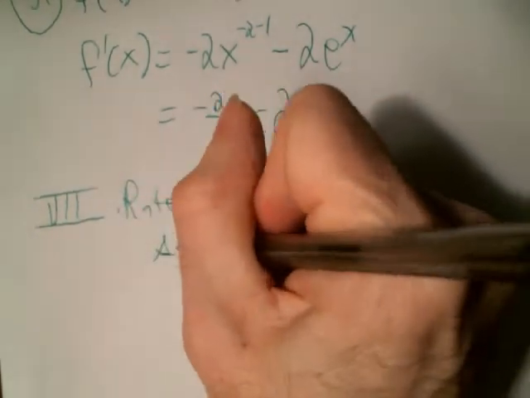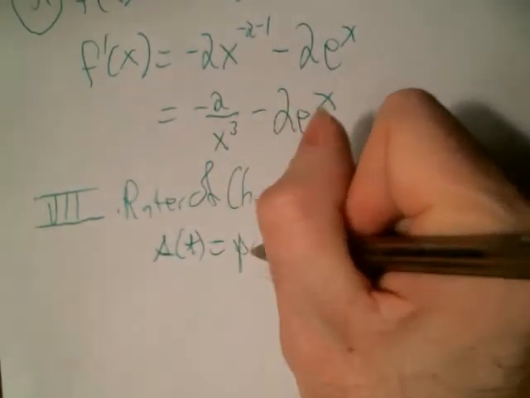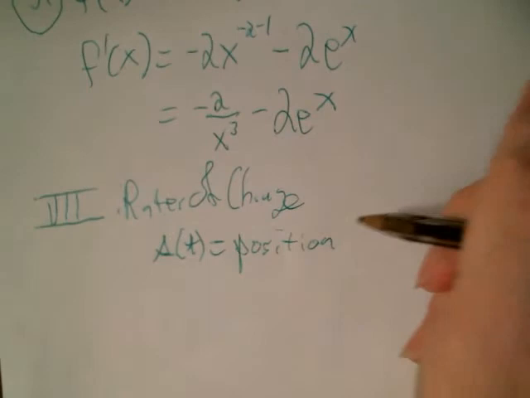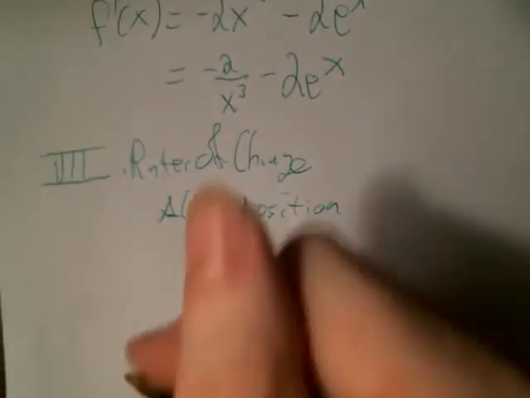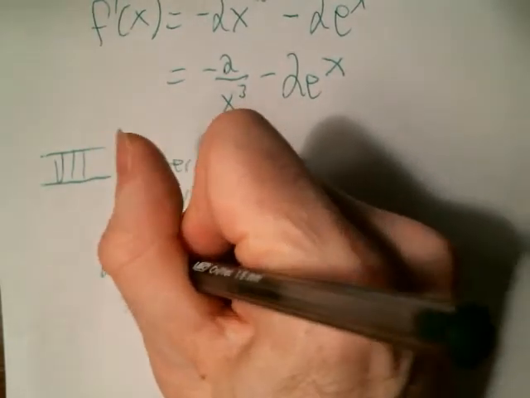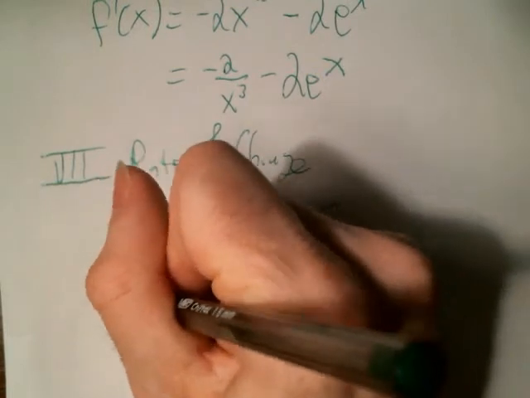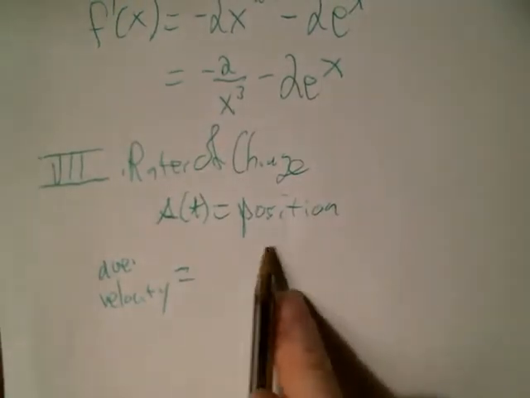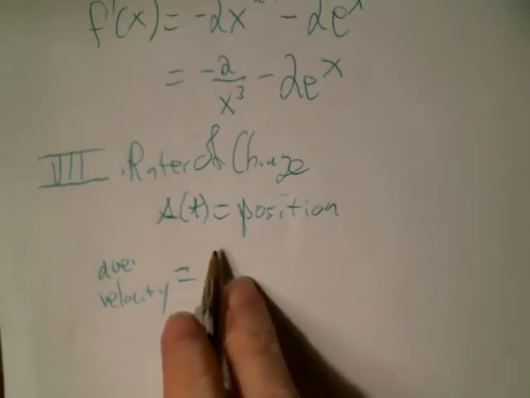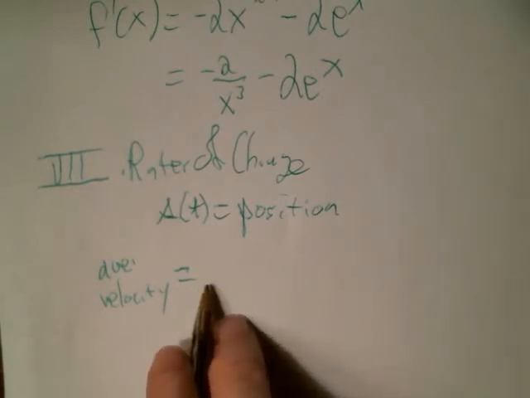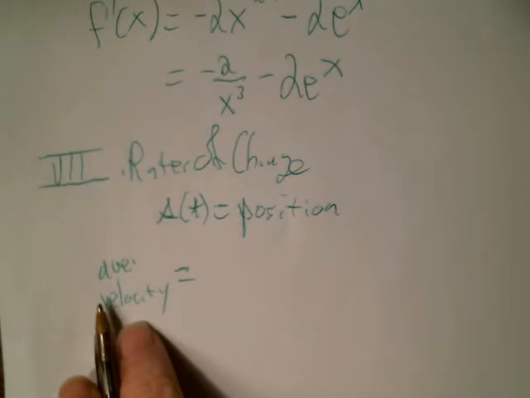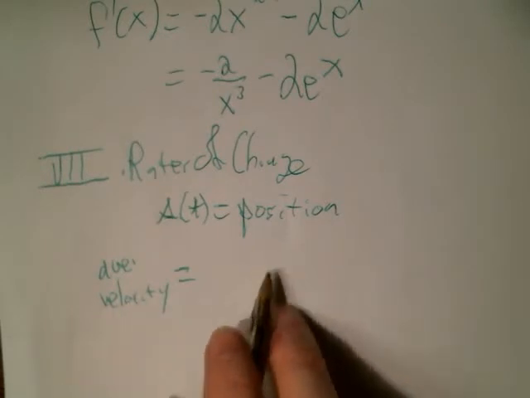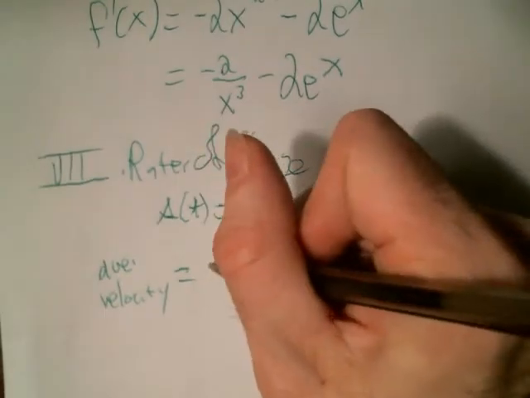So if we're given s of t equaling some position function, we can get an average velocity by taking a difference of two positions and dividing it by time, right? So average velocity is kind of feet per second or something like that, miles per hour, like when you're driving your car.